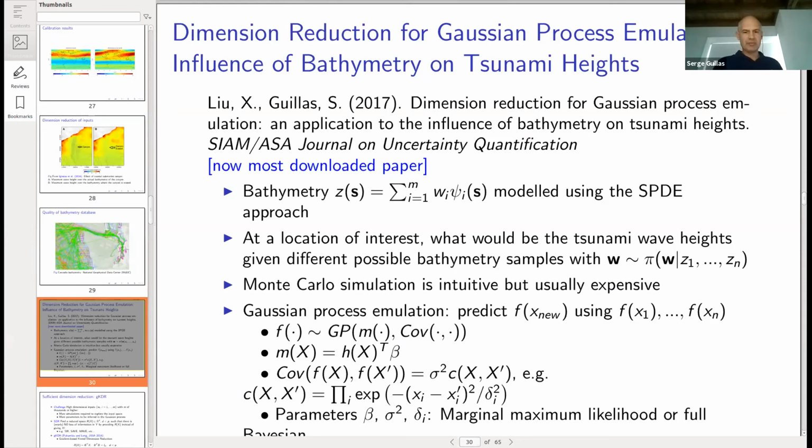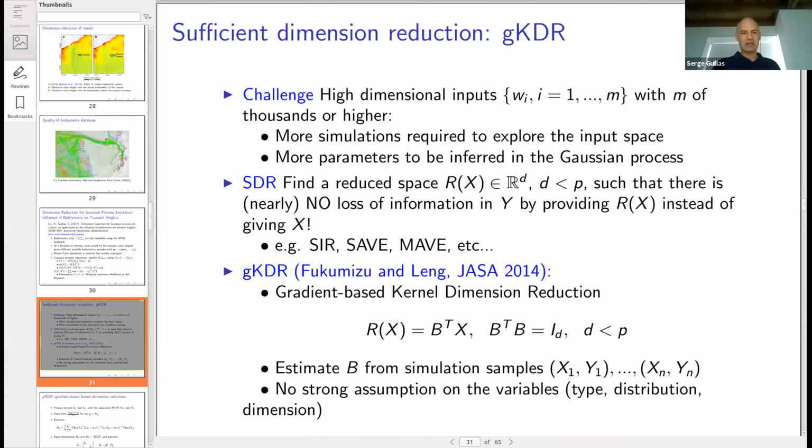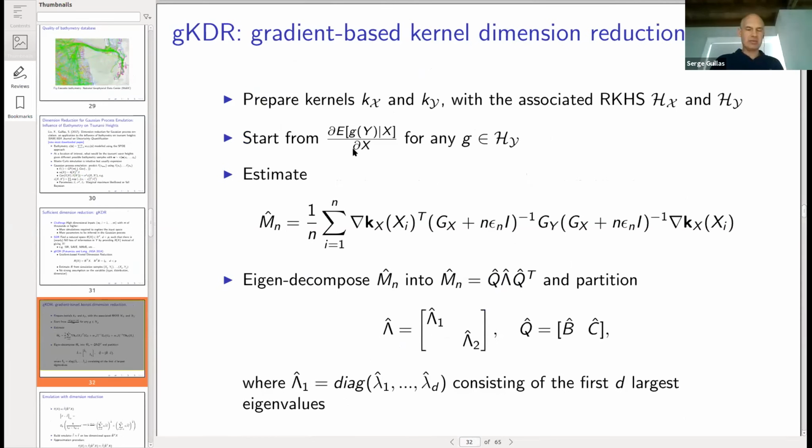So we use the so-called SPDE approach for spatial representation of the input surface. We carry out dimension reduction, a very nice technique by Fukumizu and Leng. It's very fast and very nice, and it's gradient based. So we compute gradients in order to see what sensitivity we should expect. It's a bit technical here, but it's working.